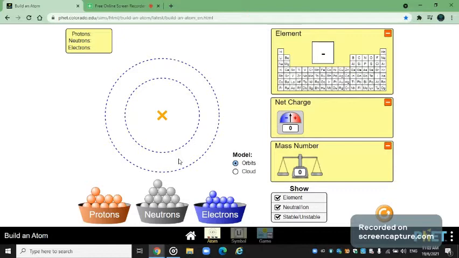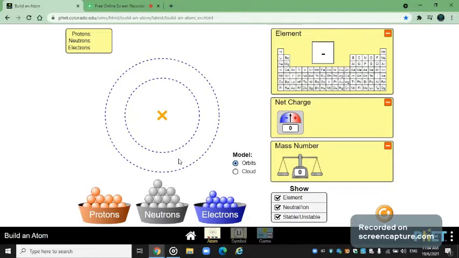In a proton, it has a relative charge of +1 and a relative mass of 1. Neutrons have a relative charge of 0, and a relative mass of 1.